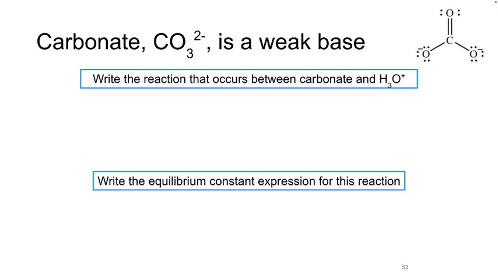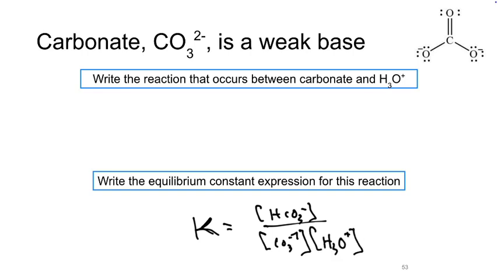But we should be able to write out that equilibrium expression. Okay, so we should get that for our equilibrium expression. It's our products over our reactants. It's a -2 there. The water doesn't show up in our expression.